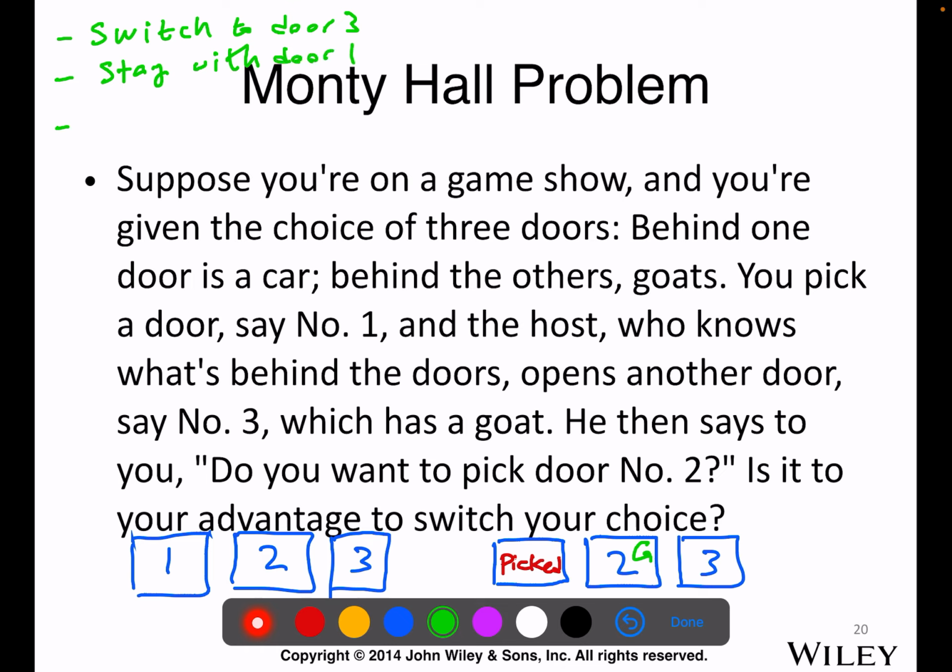And option 3 would be it doesn't matter what you do. Right? So the probabilities don't change if you switch your door or if you don't switch your door. So is the problem statement clear? Is there anybody who doesn't understand the problem?